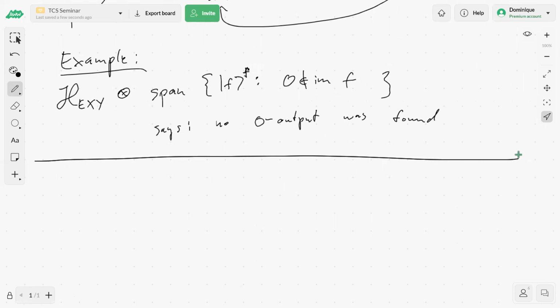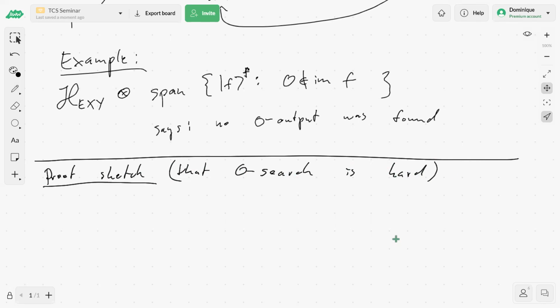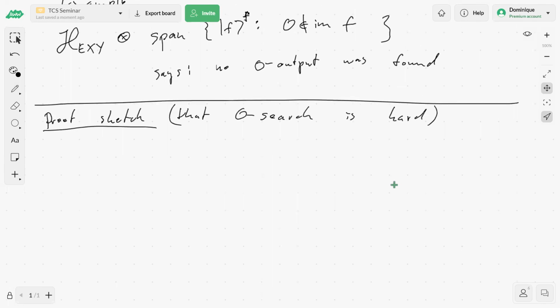So let me give you a proof sketch that 0 search is hard in the quantum setting. I mean, we have seen it in the classical setting before, and now we look at the quantum setting.